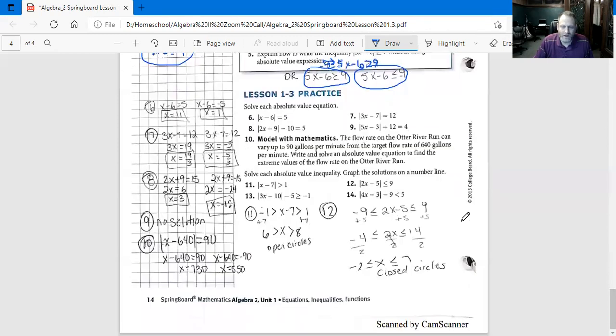All right. Let's do lesson 1-3 practice. Solve each absolute value equation. It's the same things we've already done, guys. We're going to take this and we're going to plus the 6 on each side, plus the 6, cancel.